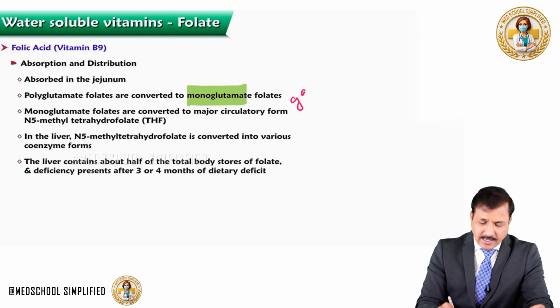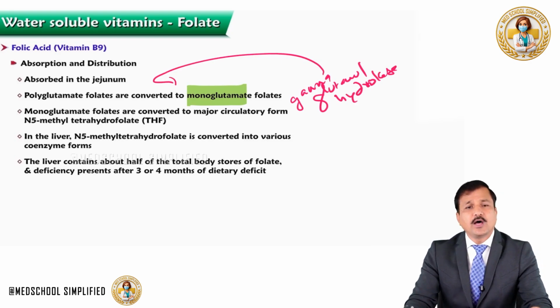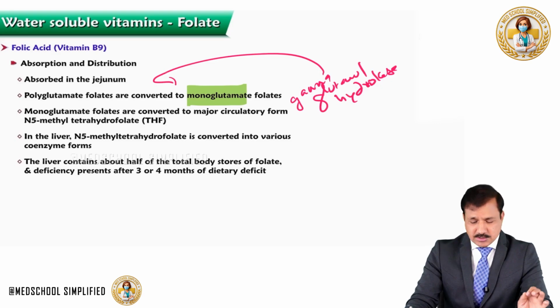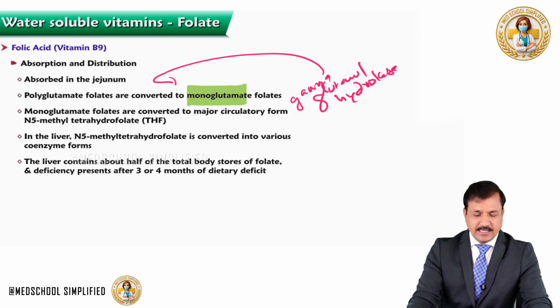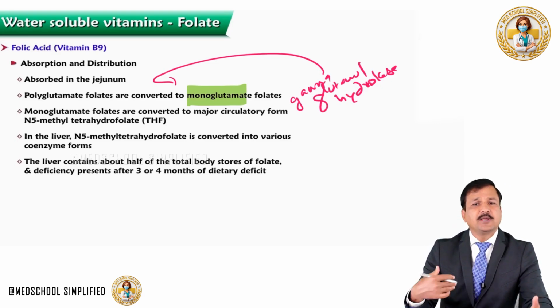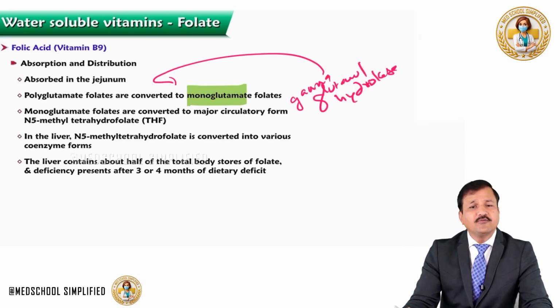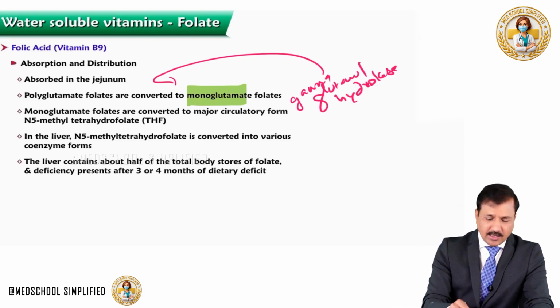That is gamma glutamyl hydrolase enzyme. Gamma glutamyl hydrolase is the one that will convert polyglutamate into the monoglutamate form of folate. Now, this monoglutamate form of folate is absorbed and converted to N5-methyl tetrahydrofolate.